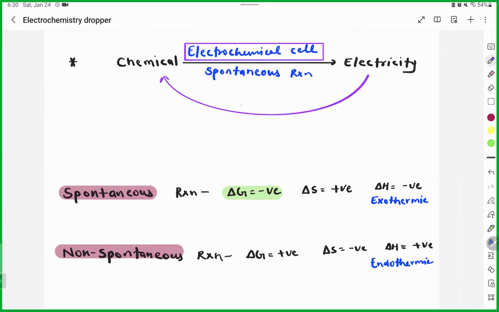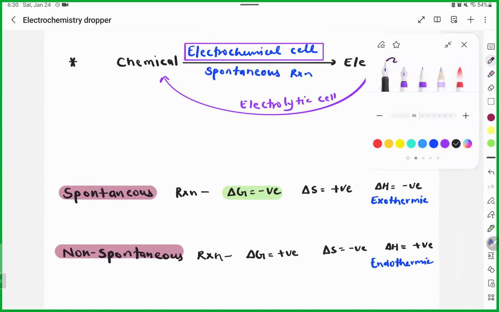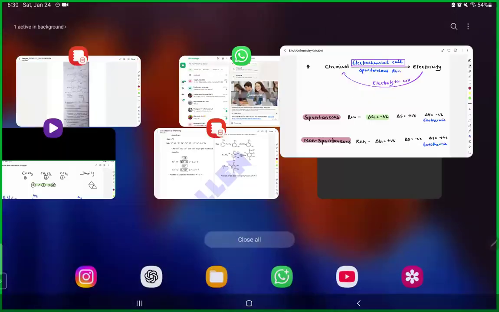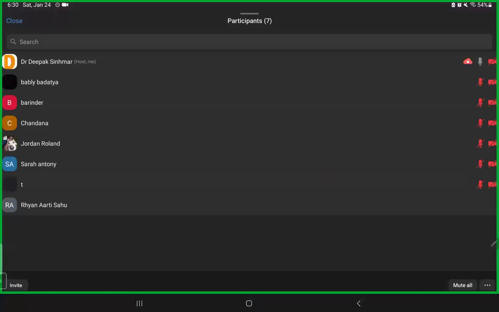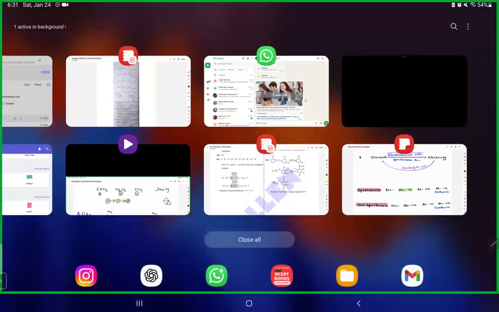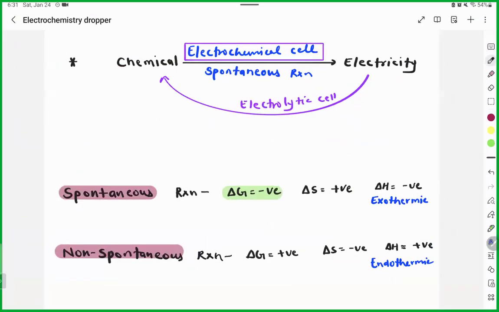What happens in the electrolytic cell? Spontaneous or non-spontaneous? Non-spontaneous, because you are wasting your electricity.